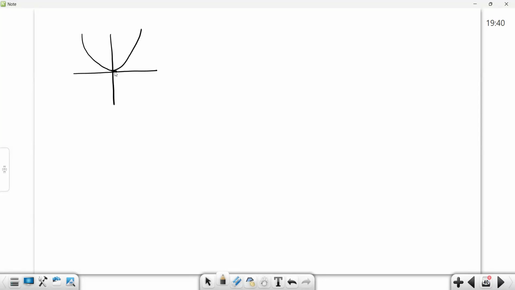It is passing through origin only. Okay, it is passing through origin, touching at origin. Fine. Now, please tell what kind of element. Is it linear? Is it bilateral? Is it active?